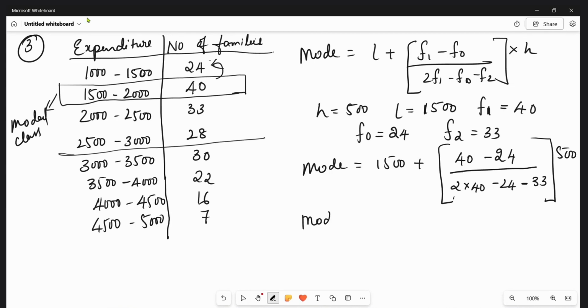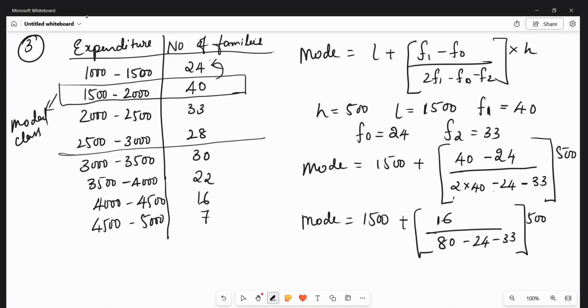So mode is equal to 1500 plus 40 minus 24. How much you will get? 60. By 40 into 2, 80. 80 minus 24 minus 33 into 500.